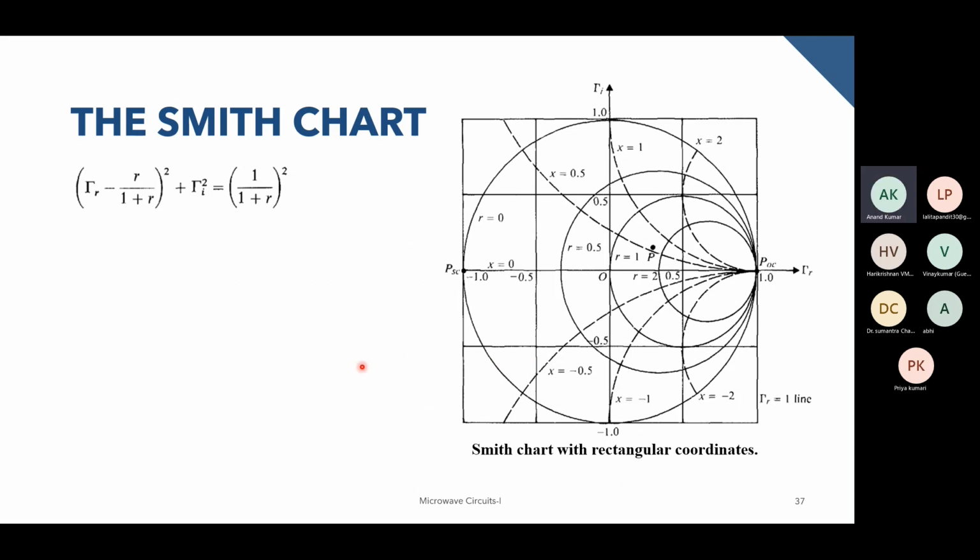Now, let's look at the salient properties of the r circles, and then we'll take a pause. The important thing is that all these r circles lie on the gamma r axis. This is the gamma r axis, and if you take a look at all the solid circles, their centers will lie on this particular line.